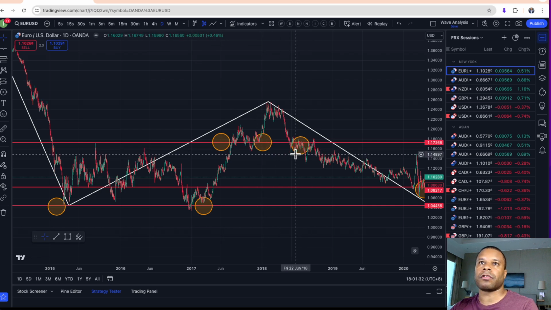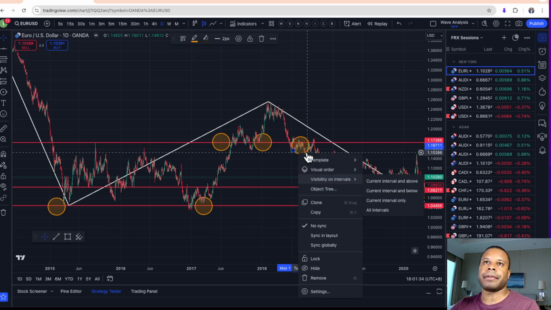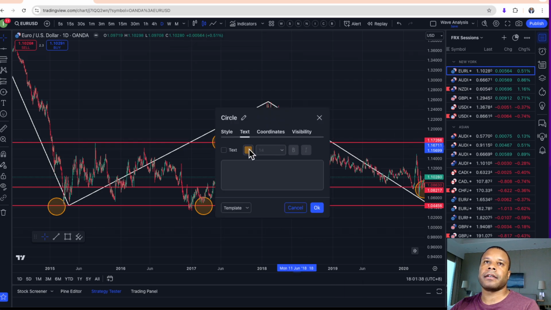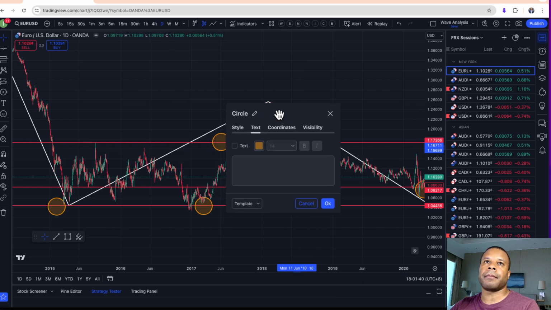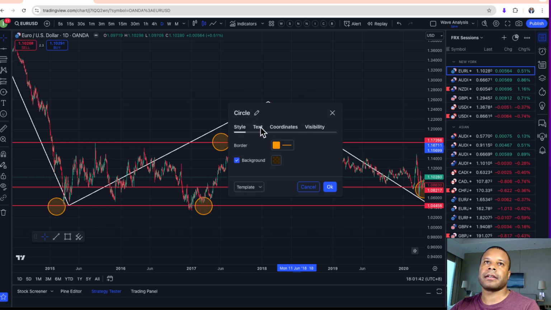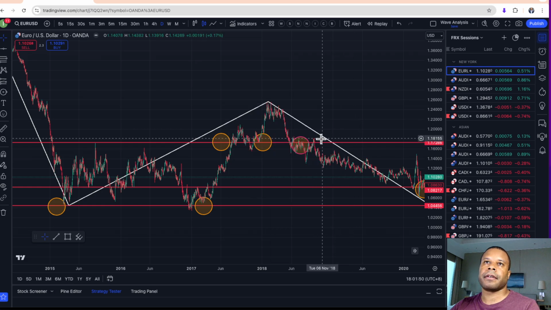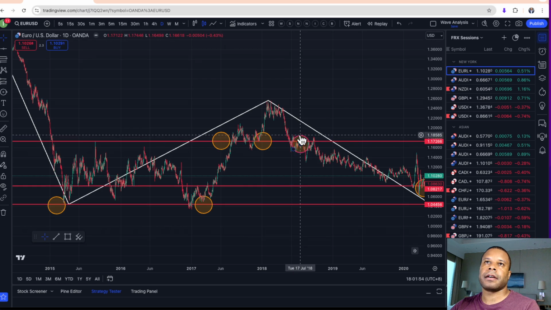Sorry guys, let me draw my tool real quick. And then what happened? It became a ceiling. Okay. I'm going to change this color so you can see this a little better. Let's make these magenta for right now.